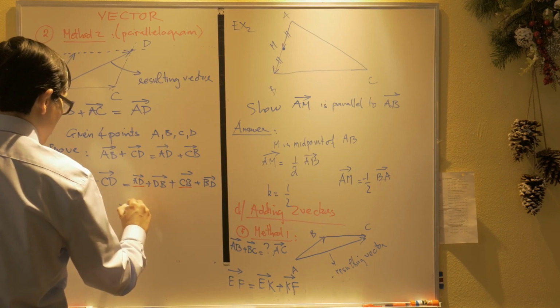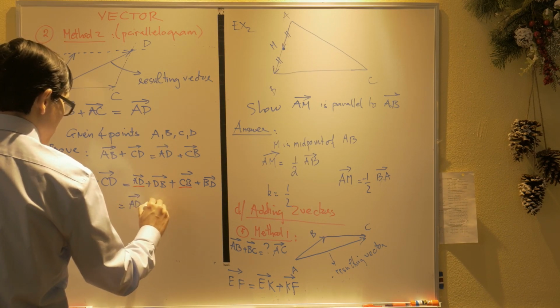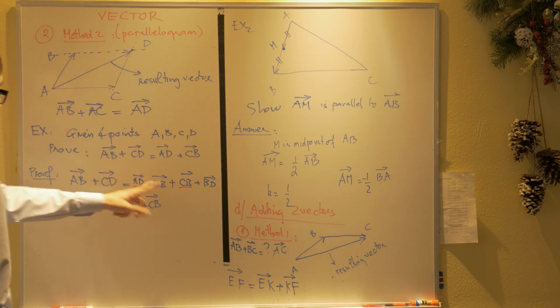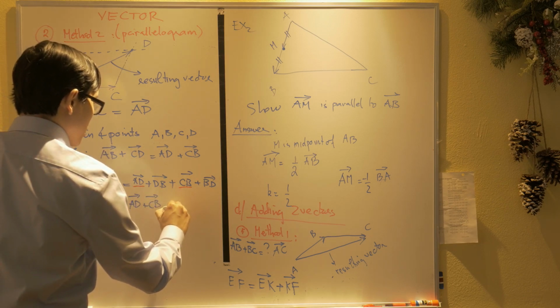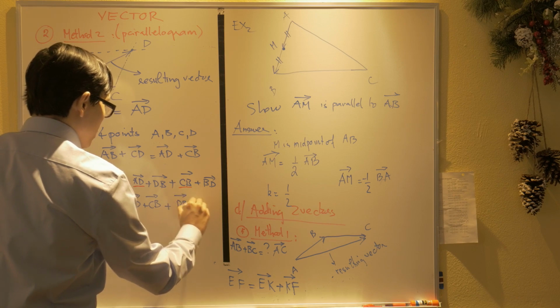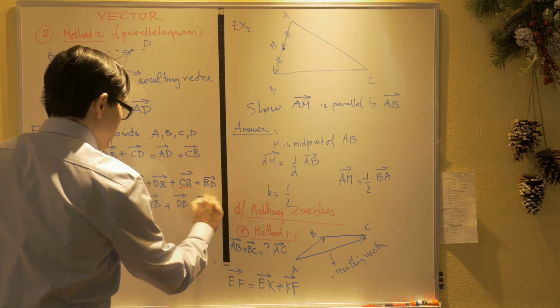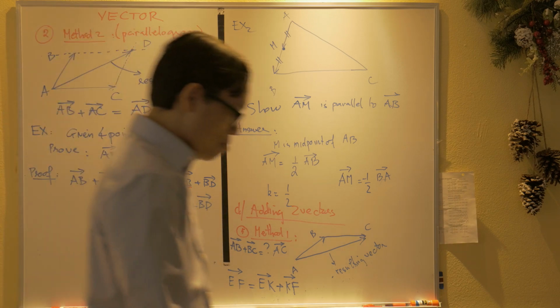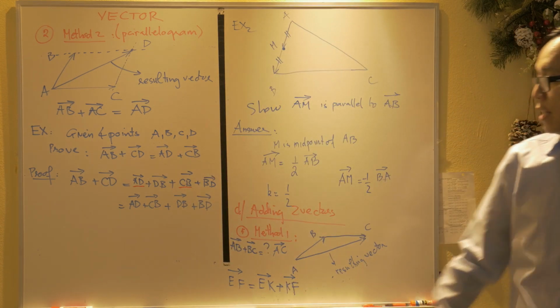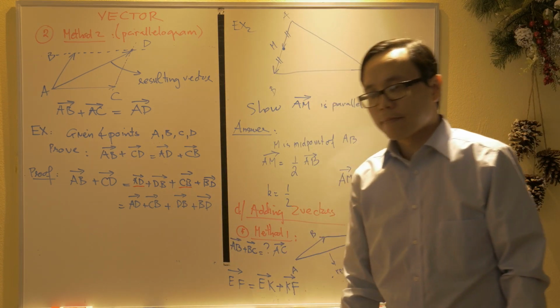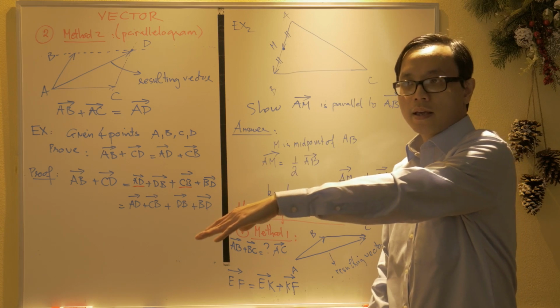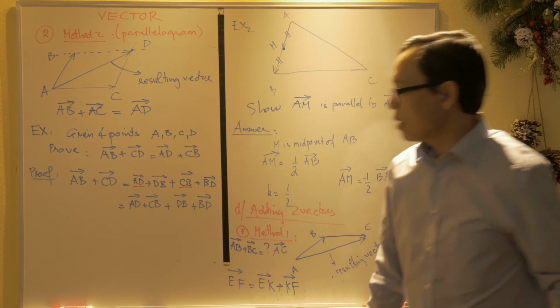So I have AD plus CB, right? But we also have DB plus BD. How am I going to deal with BD and DB? Just think about it.